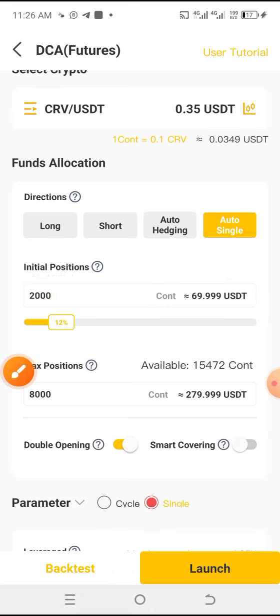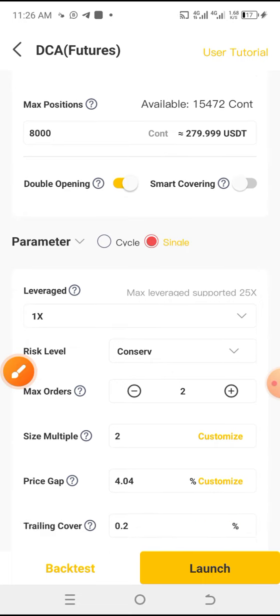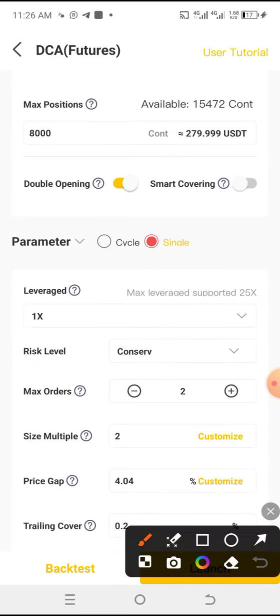Then we move to the smart covering. Smart covering is simple. It is covering us up smartly. Do you understand that? And where this works is where you buy more. You want to have your maximum buy, and this is where it works.